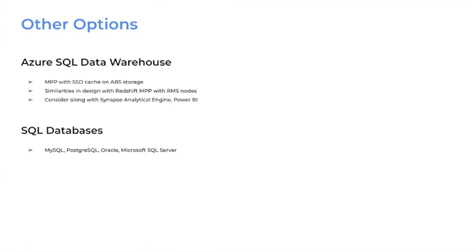The other options we could look at could be things like Azure SQL Data Warehouse, which is somewhat similar to Redshift with the managed storage option. For the fact that Azure provides a few other tools like Power BI and an analytical engine, you could look at those as a combined offering for setting up your analytics system.